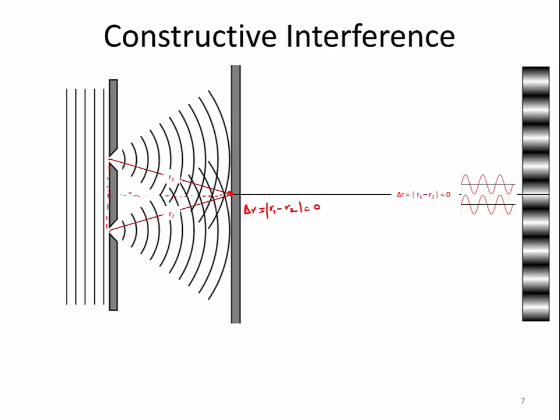Which means no matter how many wavelengths the R1 ray traveled, R2 traveled the exact same number of wavelengths. And the key thing here is that before they hit the slits, the light going through the top opening and the light going through the bottom opening were in phase. There was nothing to disturb their phase, so the phases matched.